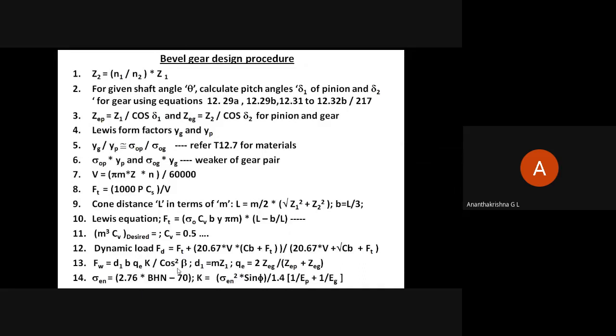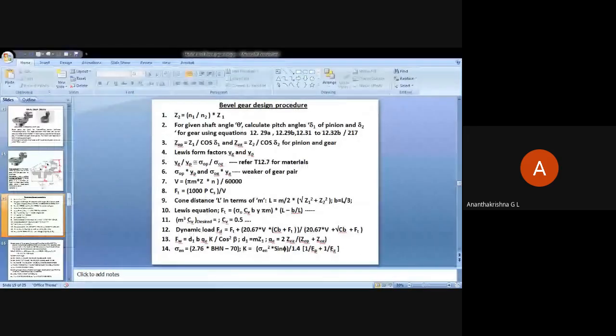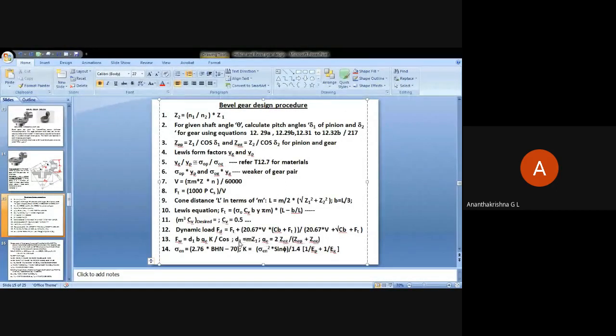Again, cos square, it is not the cos square beta, it is cos delta 1.